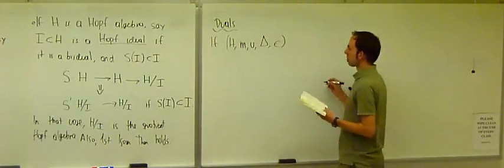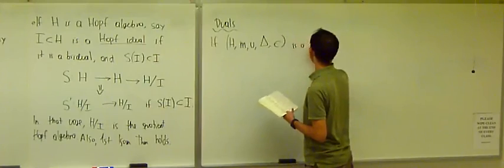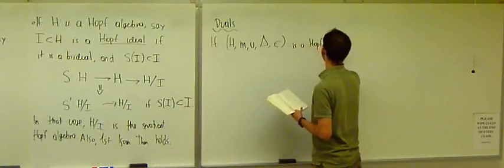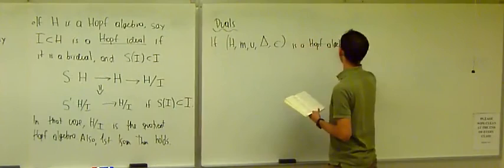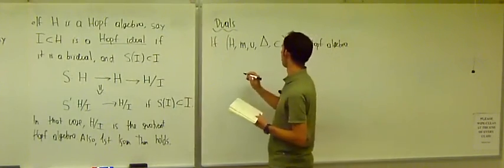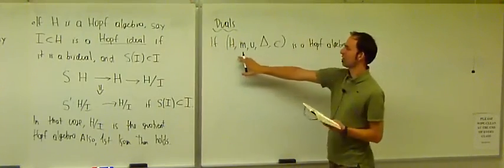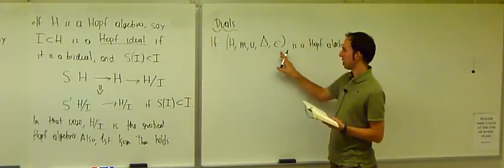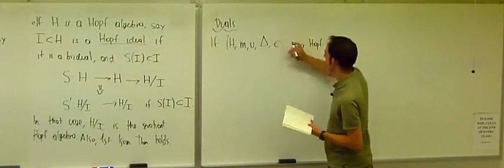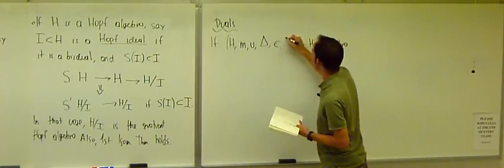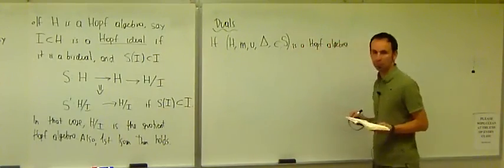Okay. So if this is a Hopf algebra, well, actually, I'm missing something, right? Because so far this defines a Bialgebra, and if you want a Hopf algebra, you need to have an antipode also. Okay.